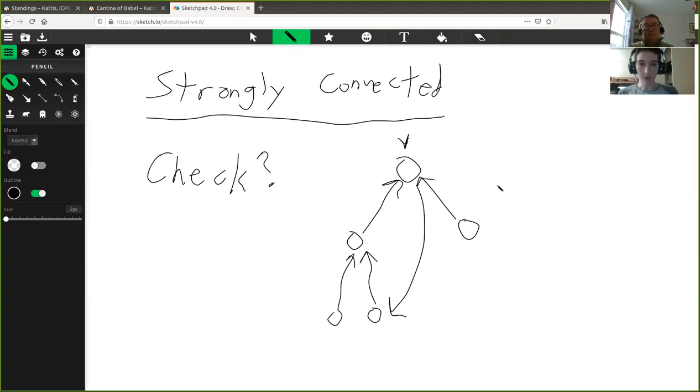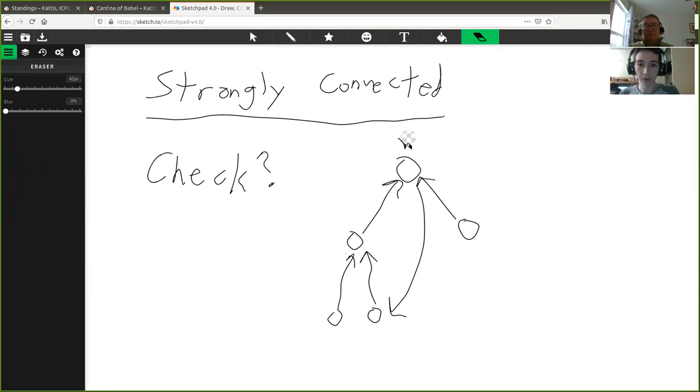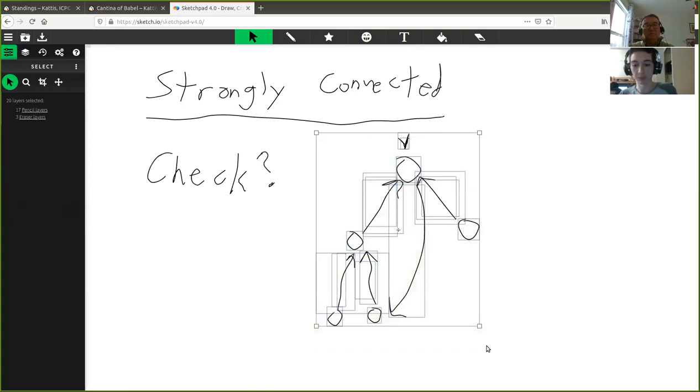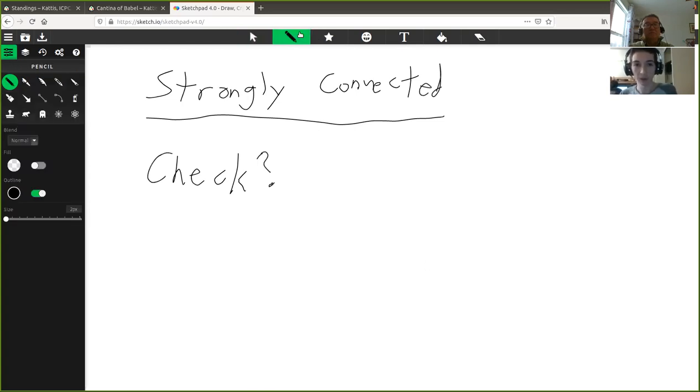So that's how you can check if a graph is strongly connected. You just check that V can reach everything and check that everything can reach V by doing the same thing on the reversed edges graph. Okay, so why is that enough?